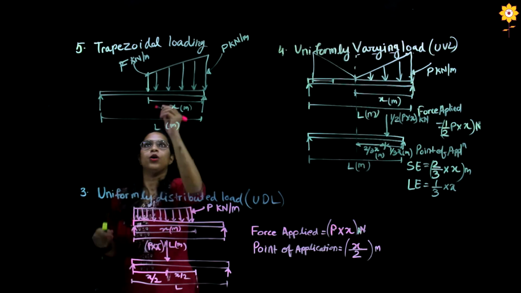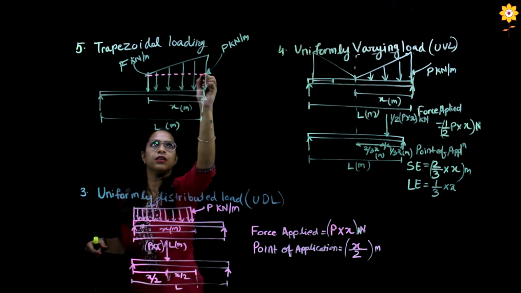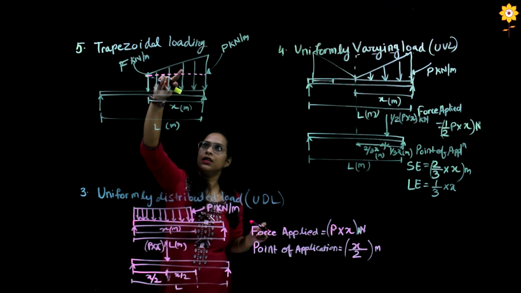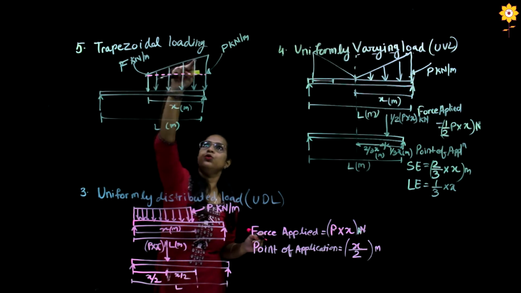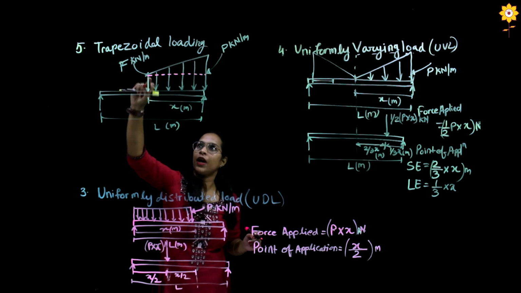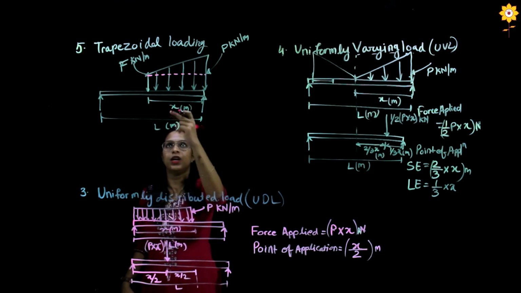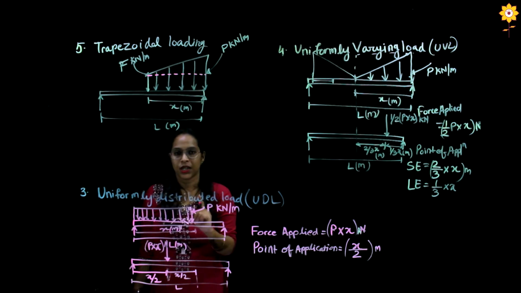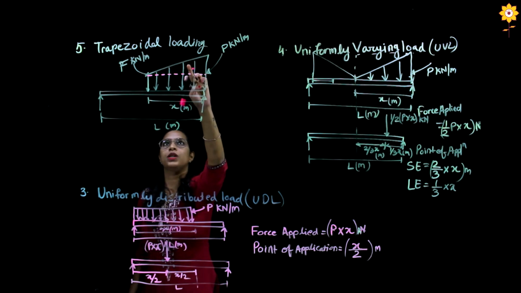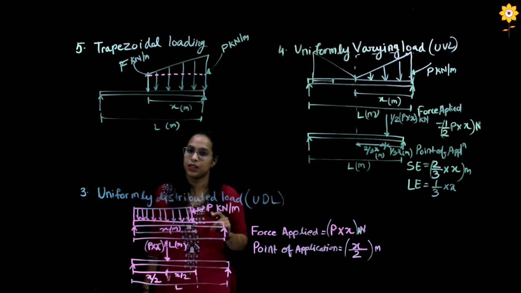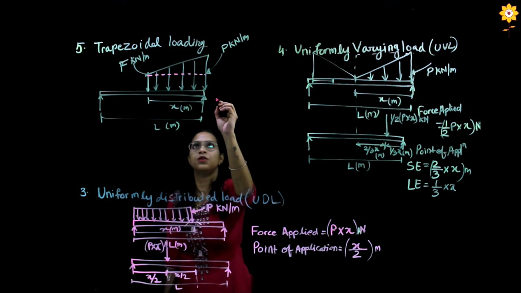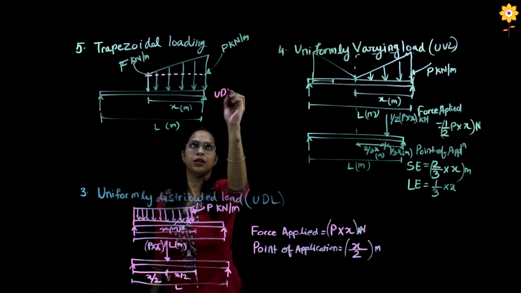If I draw the line from here, we can directly see that this load is a combination of UVL on the top and UDL on the bottom. When we convert the UDL we get one force, and when we convert the UVL we get another force. We'll first find it for the UDL part.